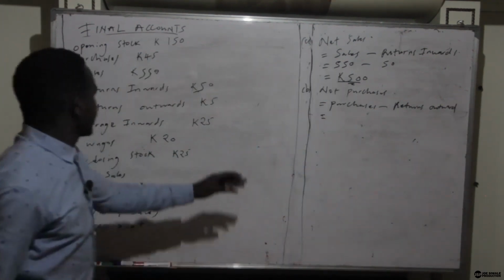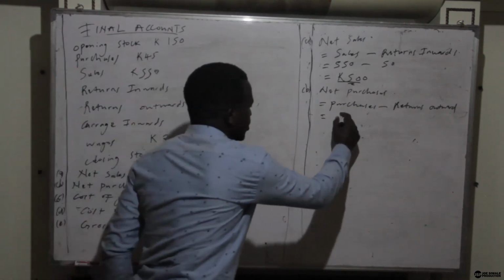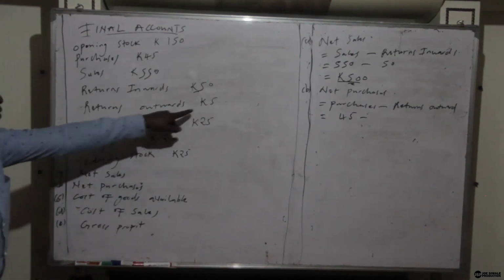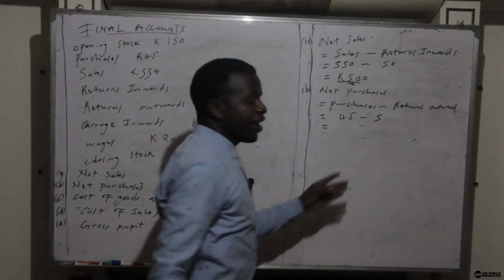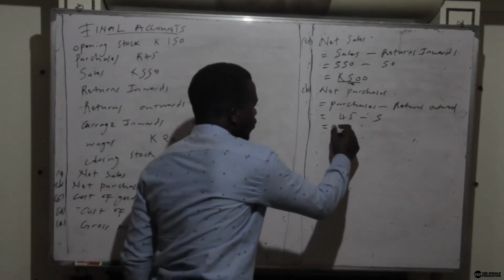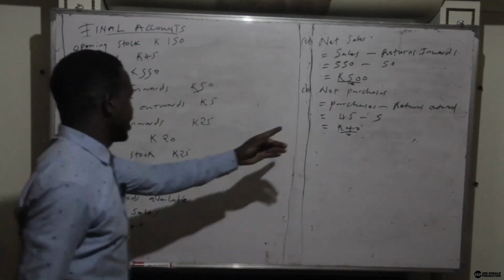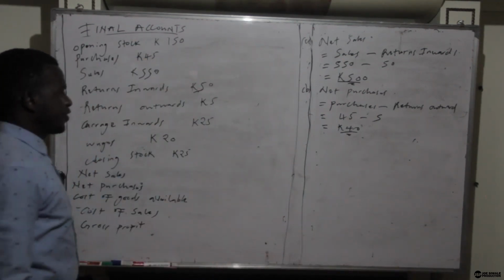And purchases, what do we have? Purchases, we have 45 there. So say 45 minus returns outwards. Returns outwards, we have 5 kwacha. So if we say 45 minus 5, we're going to have 40 kwacha. So that's going to be our net purchases. Then let us find the cost of goods available.